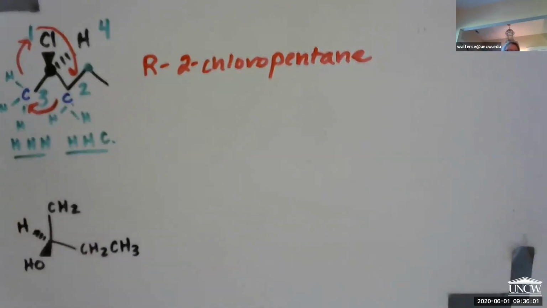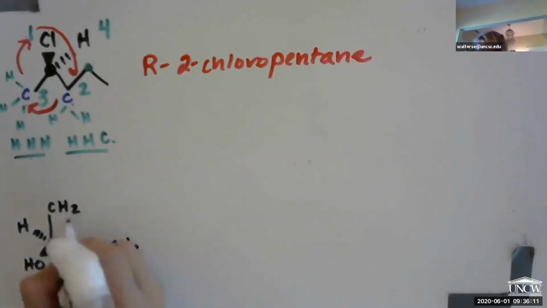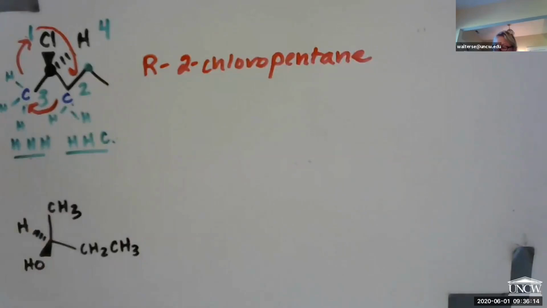Okay. All right, so our chiral carbon is this carbon here, because it has a hydrogen. Oops, that's supposed to be a methyl, CH3. Okay, hydrogen, methyl, ethyl, hydroxide. So those are 4 different groups.